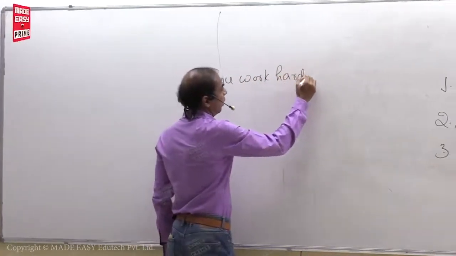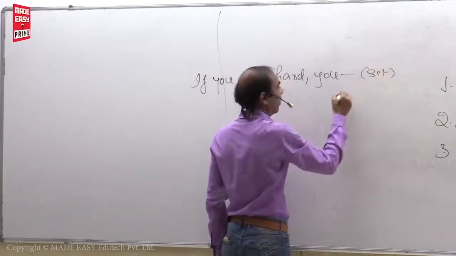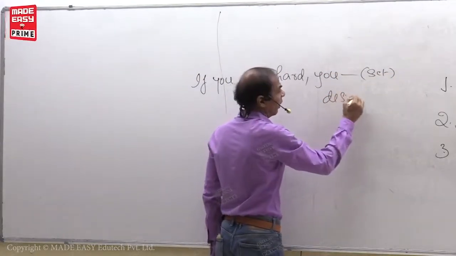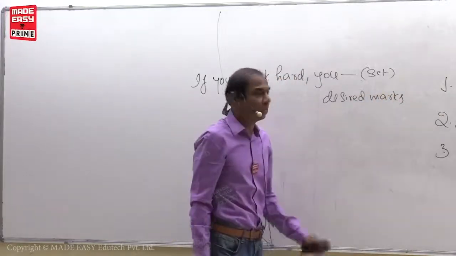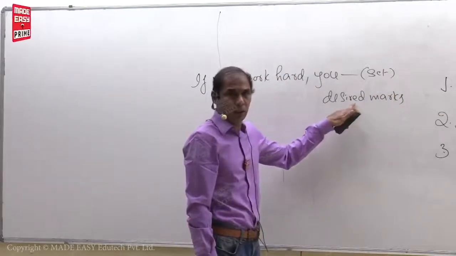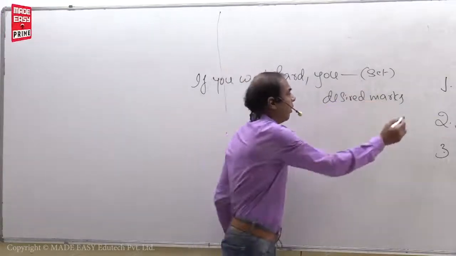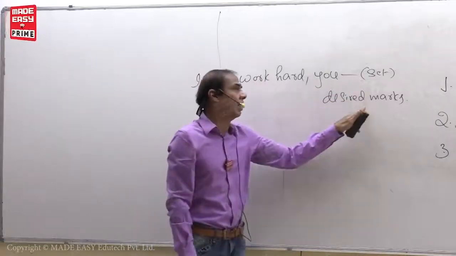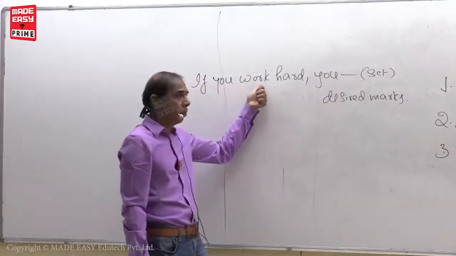If you work hard, you dash get desired marks. Don't say good marks. This is the right word to be used. If you work hard, you dash get desired marks. If you work hard, if is in present tense.